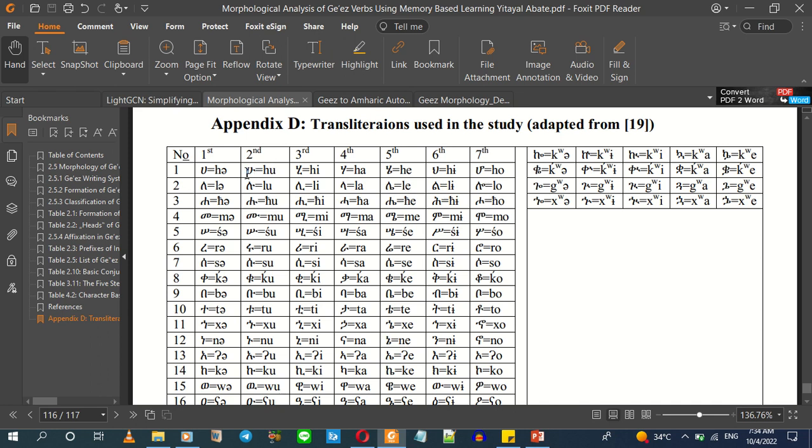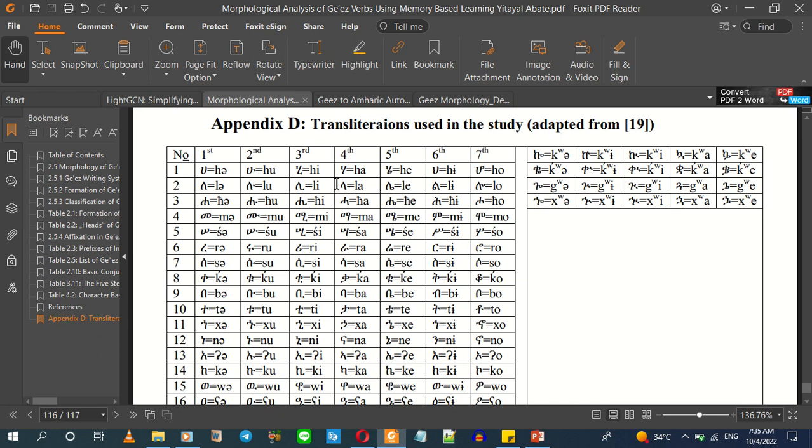They are in the same pattern. There is a pattern for each sound. This is also ha, hu, hi, ha, he, ho.